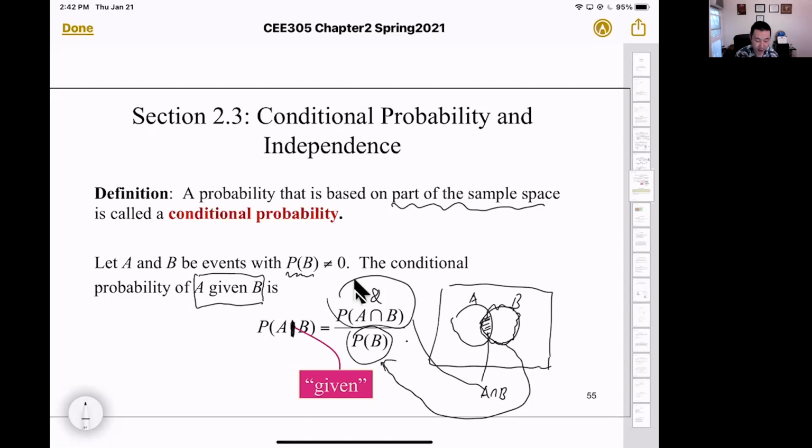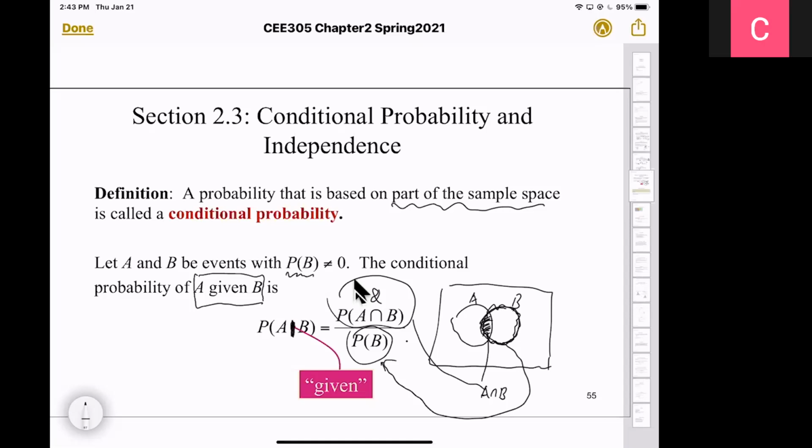The probability of A occurring given B is equal to P(A and B), which is the intersection here, over the circle of P(B). So the condition is B. Under the condition that B occurs, we are within the circle of B.